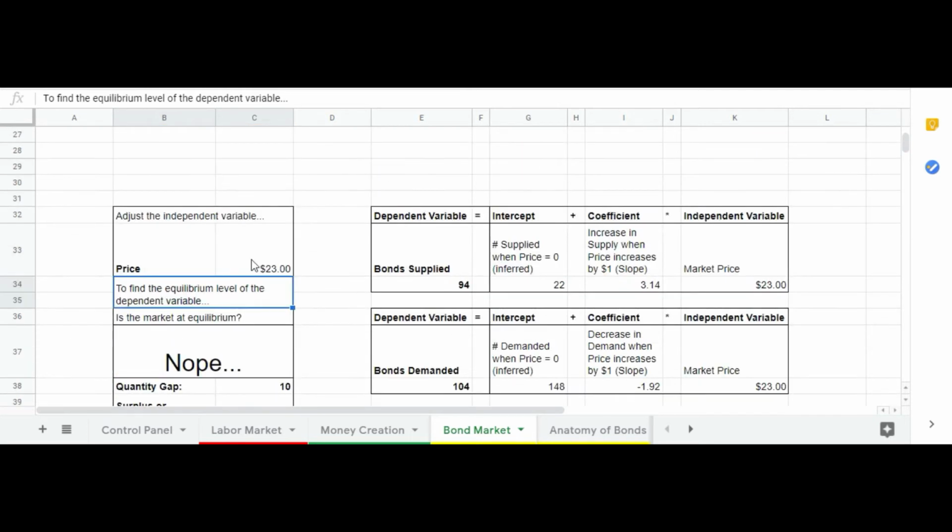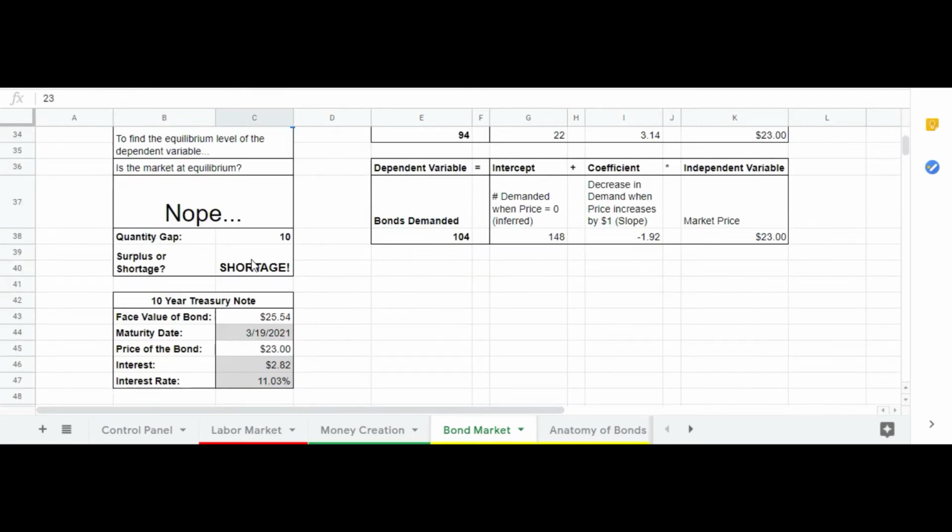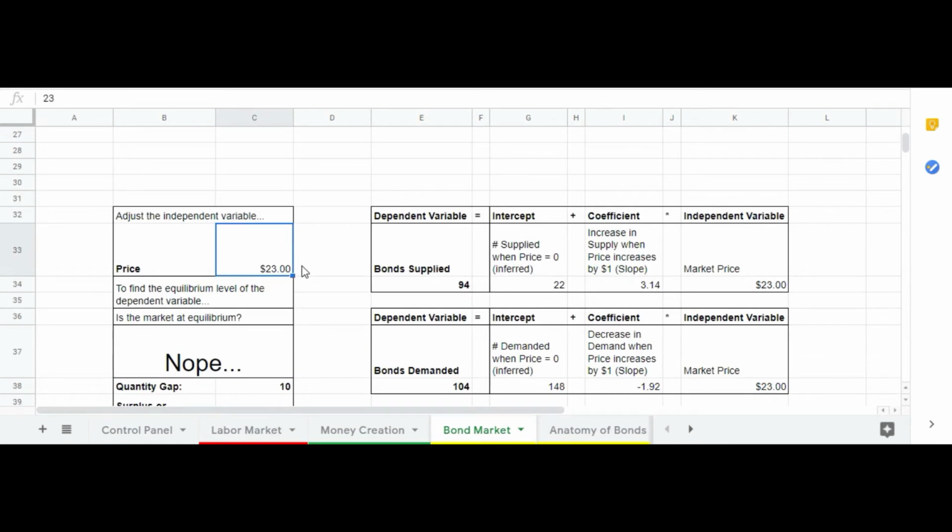Now, in a negative interest rate environment, appreciate that the face value of the bond is $25.54. In a negative interest rate environment, the price of the bond would be in excess of the face value. So let's say the price of the bond was actually $26.